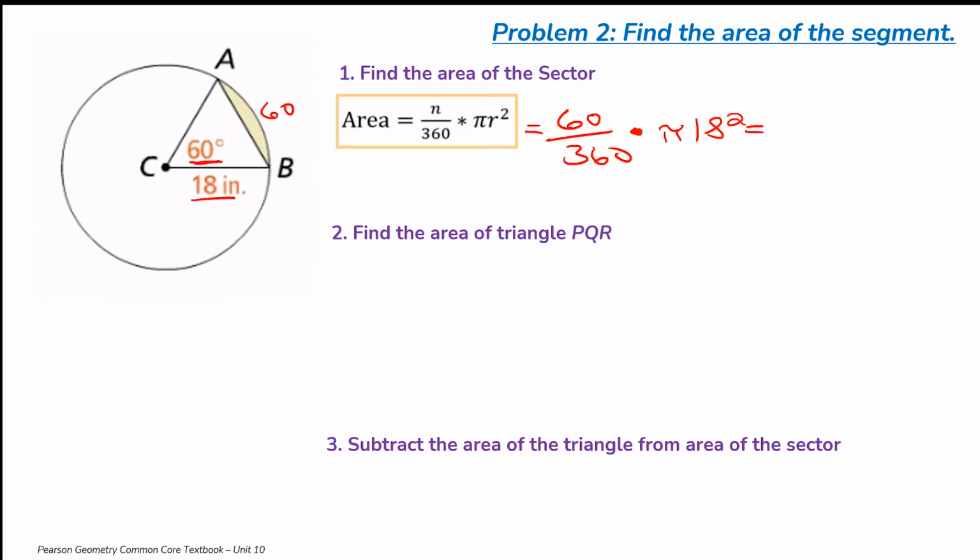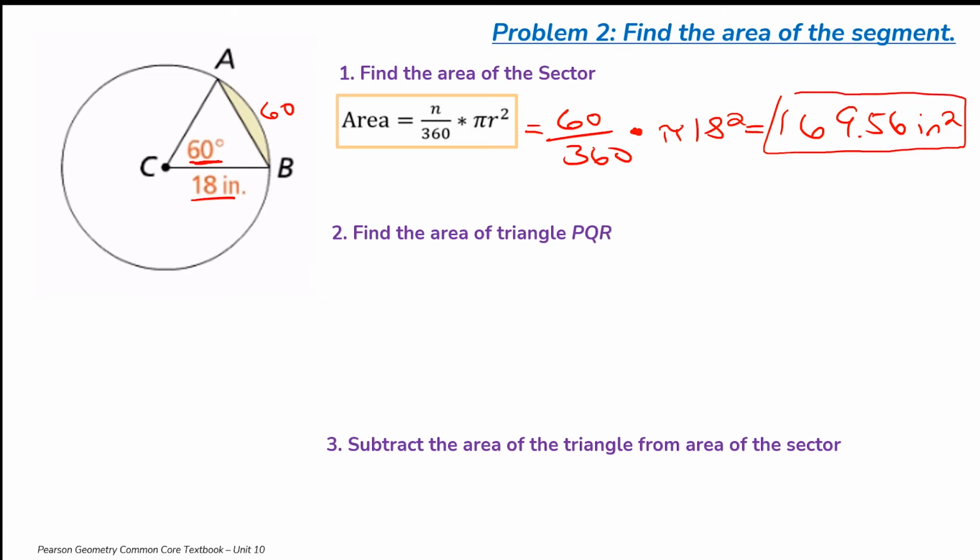And I'm going to just plug this straight into my calculator to save some space here. 60 divided by 360 is equal to 1/6, or 0.1666 repeating. I'm going to multiply that by 3.14, which is pi. And then times 18 squared equals. So I just plugged in everything at once, and I get 169.56 inches squared.